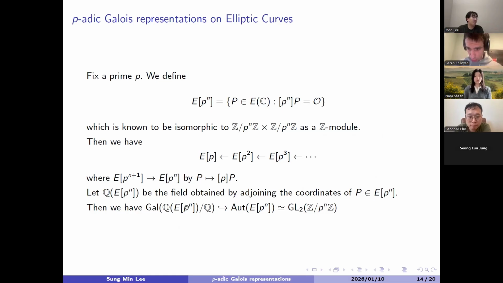Now here, these automorphisms will be shuffling the p^n torsion points, which are composed of x and y coordinates, and that can be identified with GL2(Z mod p^n Z). Basically the same fashion, but a slightly different setting, because now we are dealing with, not dimension, but we have 2 basis case.